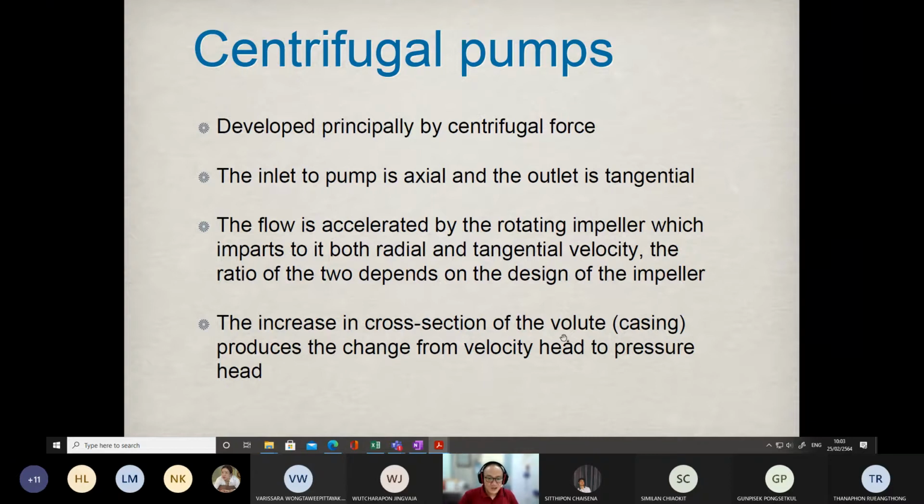The cross section of the volute or the casing produces the change from the velocity head to the pressure head. Velocity head is given as v squared divided by 2g, and the pressure head is always given as p divided by gamma. Gamma is the specific weight.